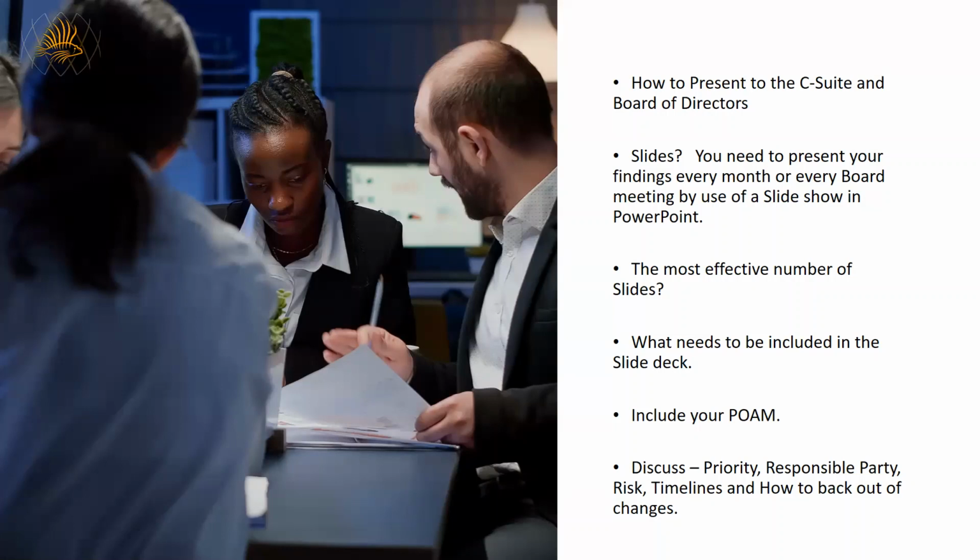Now, another thing they love to see on the slide is risk. They love that. So if you have a particular issue, they want to know what is the risk involved in that particular issue. So if MFA doesn't get implemented here, what's the risk? And then you've got to discuss that.